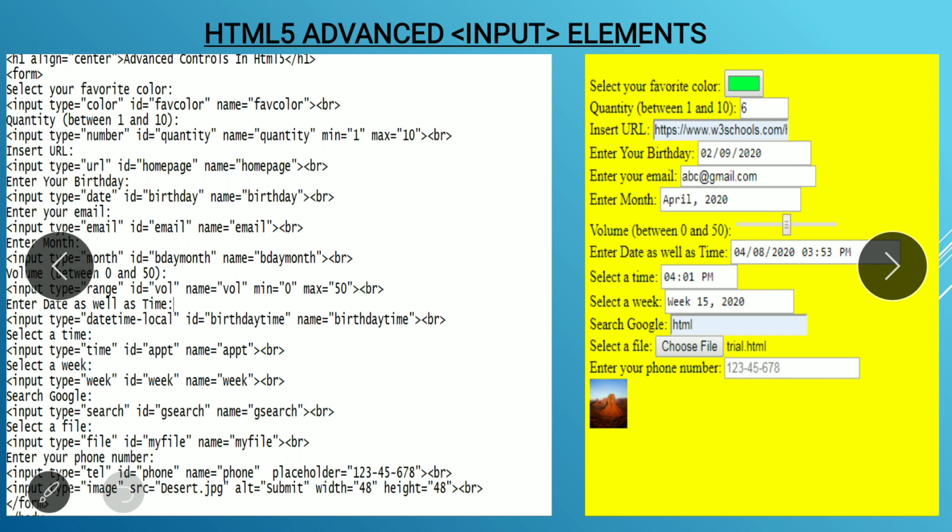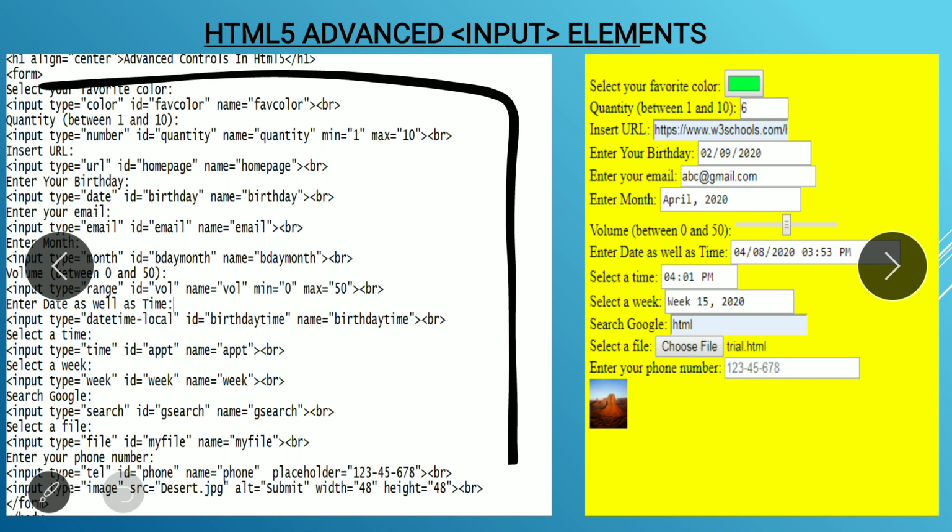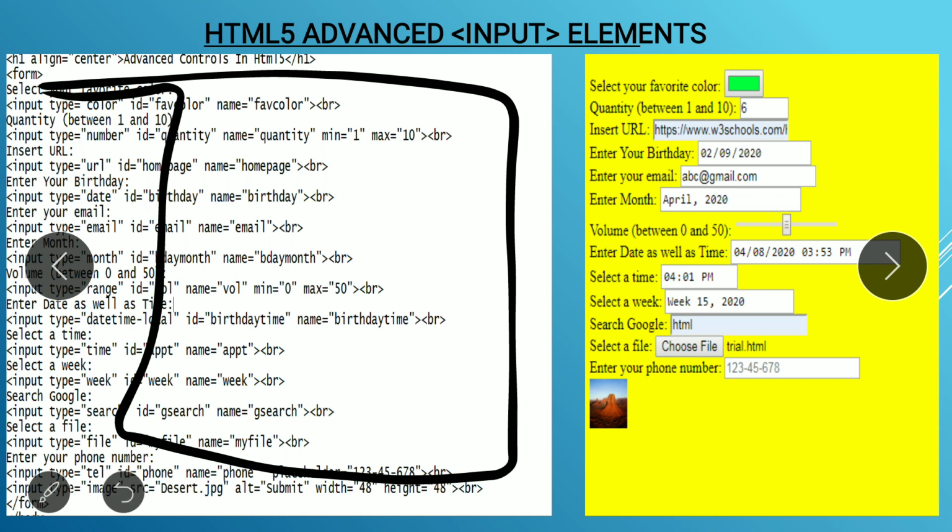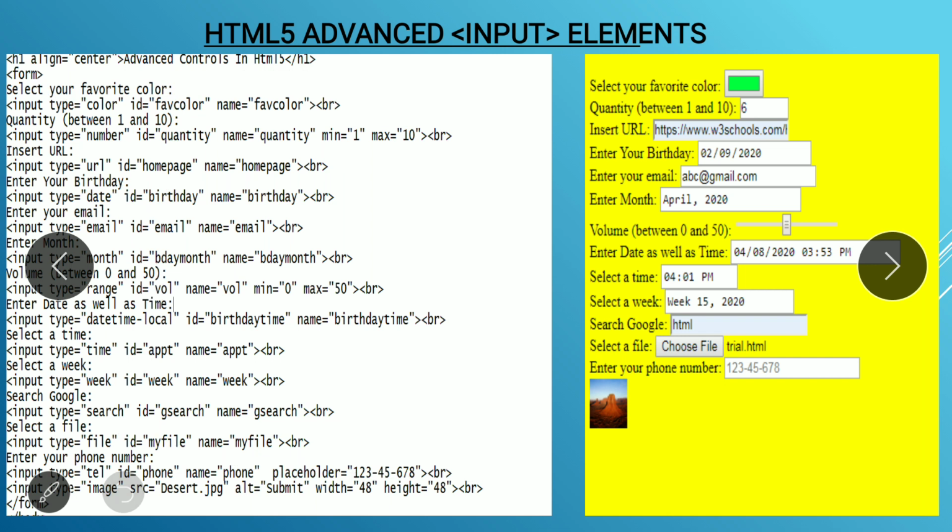So all the controls using the input tag, we just focused on those controls. So this is the program where I used all the controls like color control, number control, URL control, date, email, month, range, datetime-local, time, week, search, file, telephone and image.